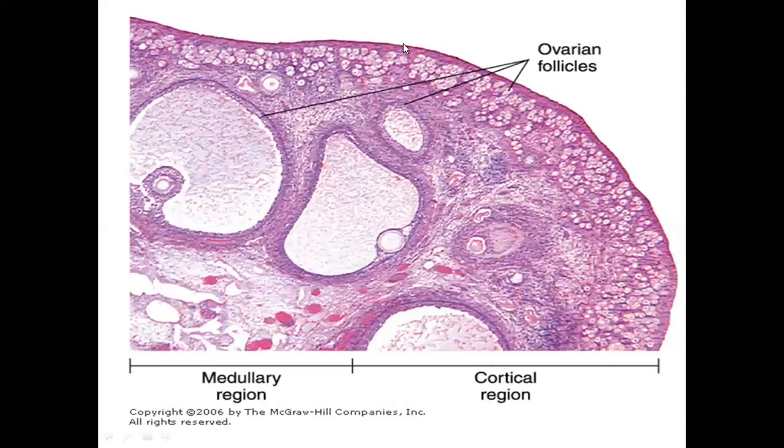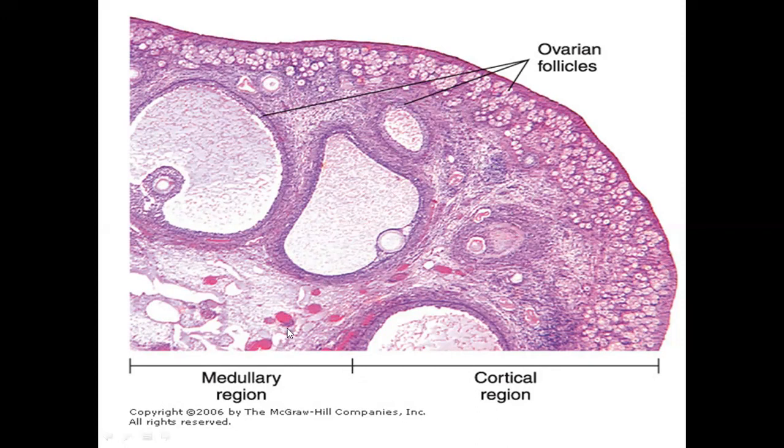the outermost dark line at this magnification is the germinal epithelium, and inside it the eosinophilic component, due to the collagen content, where the cursor is moving now, is the tunica albuginea. Then this whole area from all sides is cortex, because it has developmental follicles of all different levels.